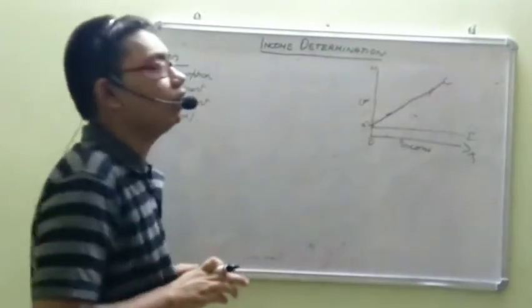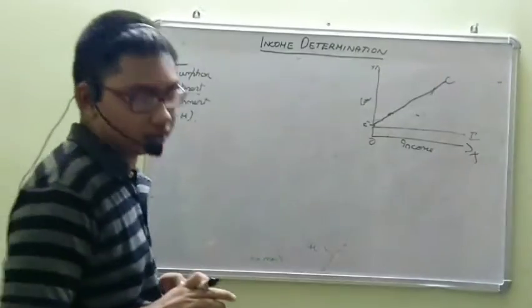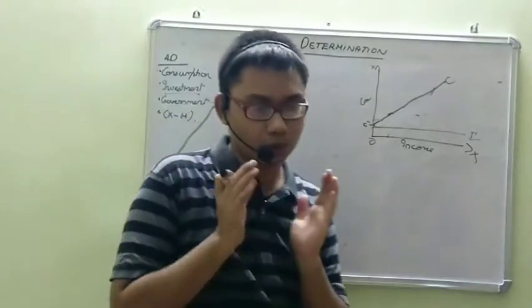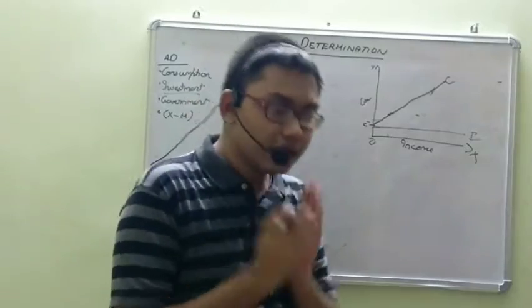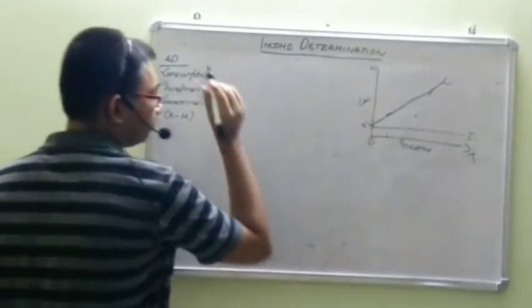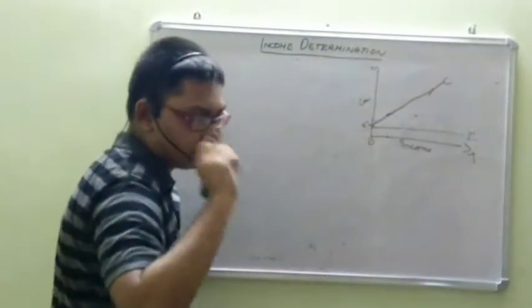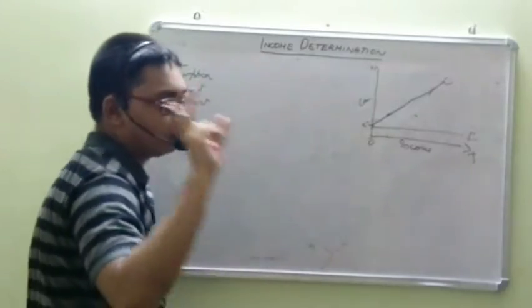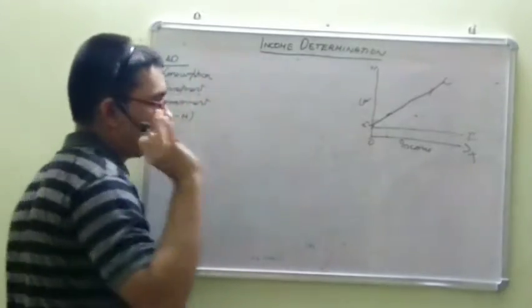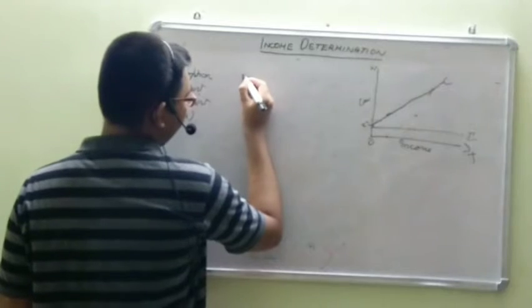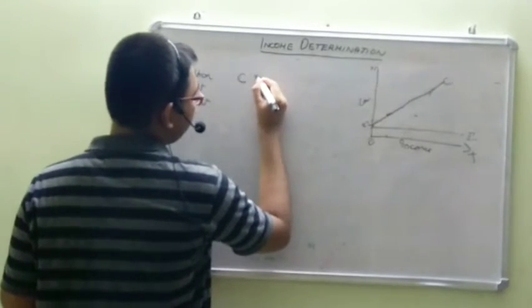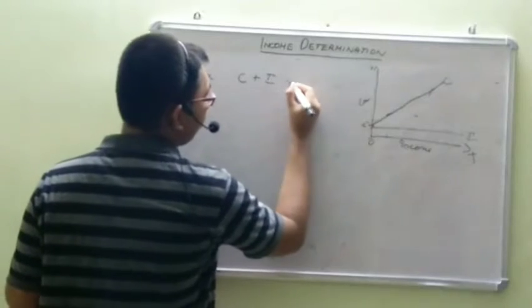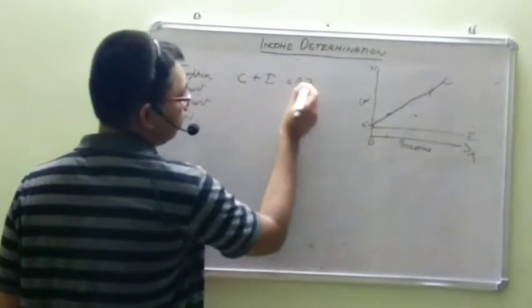So, for simplicity, the father of macroeconomics, John Maynard Keynes, assumed a closed economy with only two sectors, households and firms. So according to Keynes, AD is equal to C plus I. Only C and I will be there.